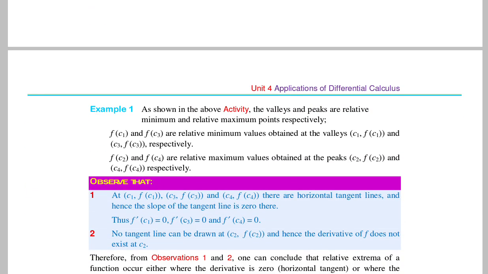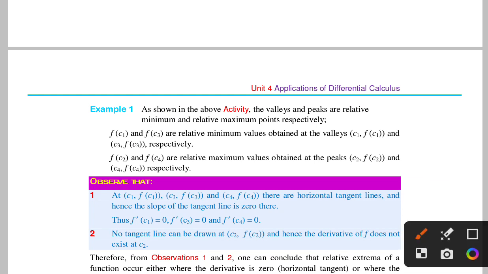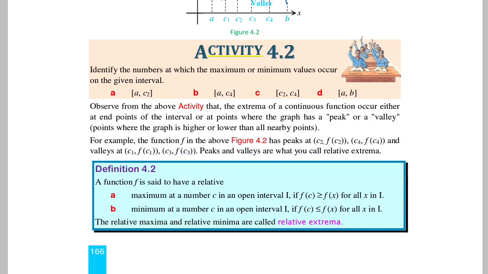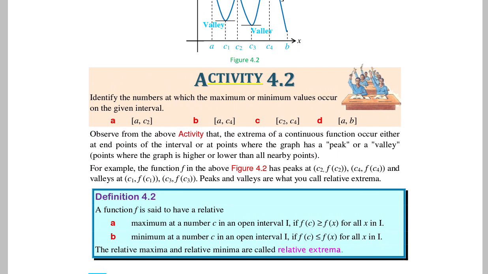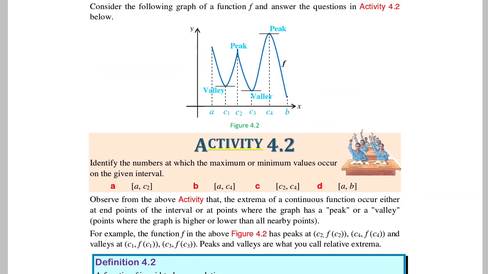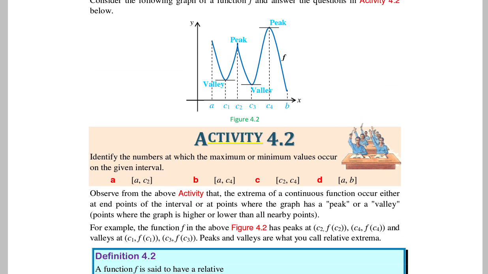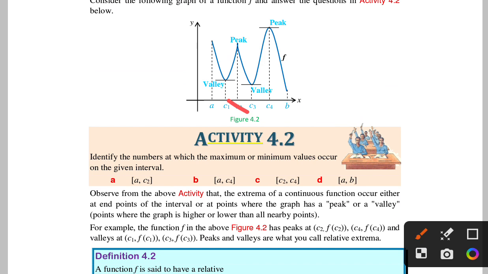As shown above, activity 2.4 maximum and minimum value. Between c2 and c4 there is maximum, no, minimum value.